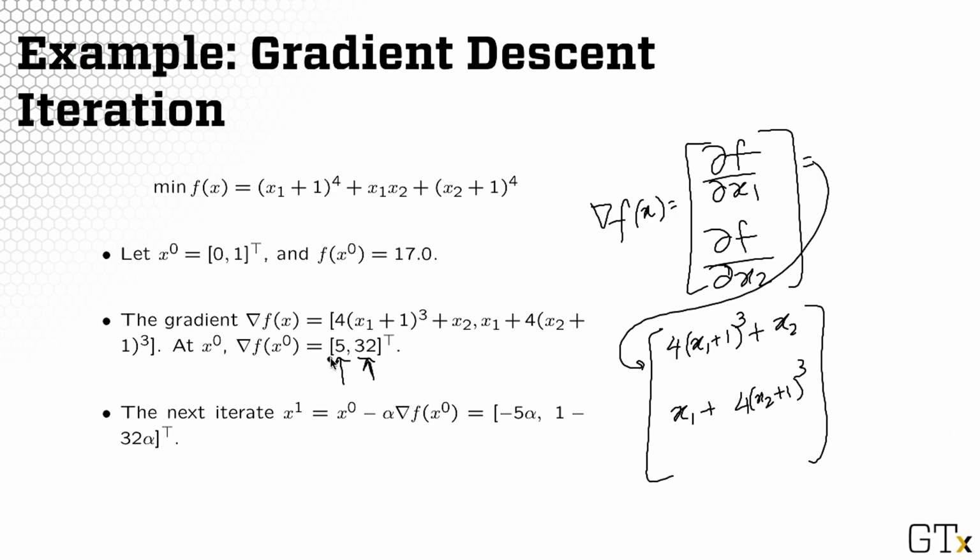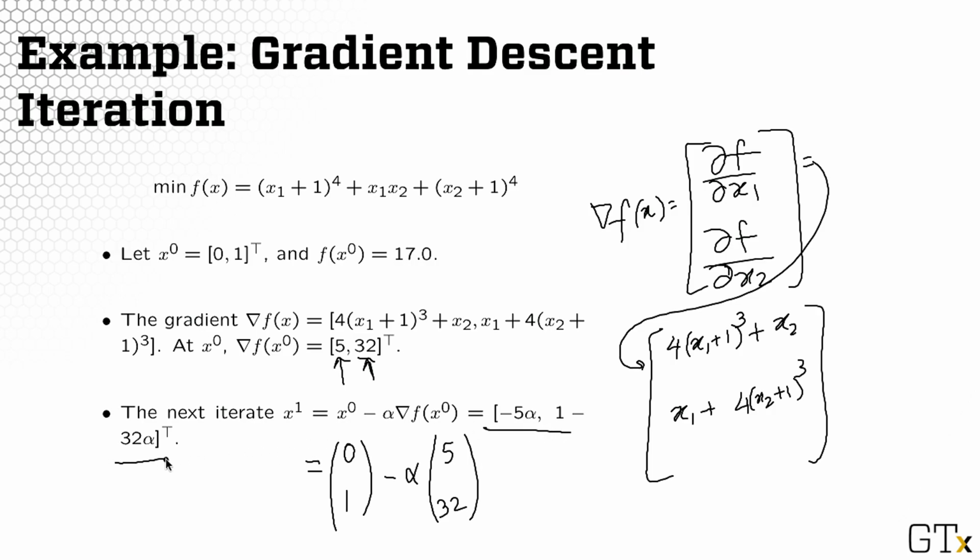That's why this 32 comes in. So you get 5 and 32. This is your gradient vector calculated at the current point. So our new point x1 is going to be the old point, which was 0, minus alpha, whatever the step size is, times 5 and 32. And that's where this thing comes in.